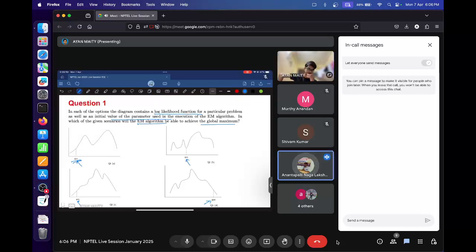So, what is log likelihood function? The log likelihood function is probability of x given theta. X is the data points for which we are trying to find out the distribution, and theta are the parameters. Probability of x given theta is the likelihood, and if we take the log of it, it becomes log likelihood.